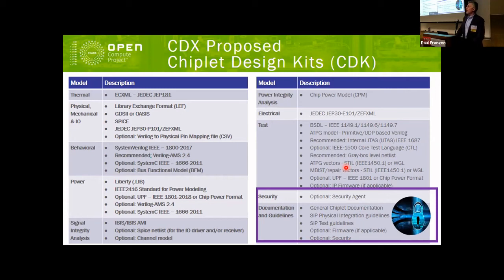So there would be some documentation that would assist the test engineers and the ATE and the DFT engineers in testing the chiplets in the context of the SIP level. Now, if there is firmware included in the chiplet, there would most likely be some documentation required for that, as well as if there's a security agent. So there still is a need for some documentation.